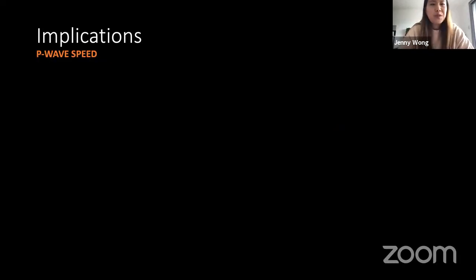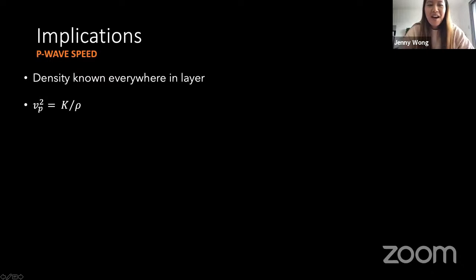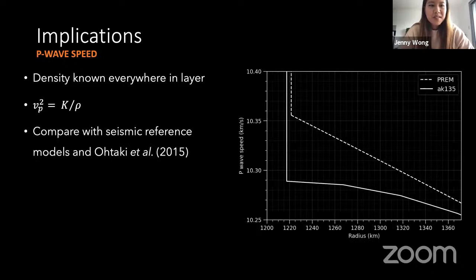Also from my slurry model, I'm able to determine the density everywhere in the layer. So assuming that I have some bulk modulus, I can determine the P wave speed from my density profiles and compare this with what we get from other seismic models. Here is a plot of the P wave speed from PREM and another reference model called AK135.